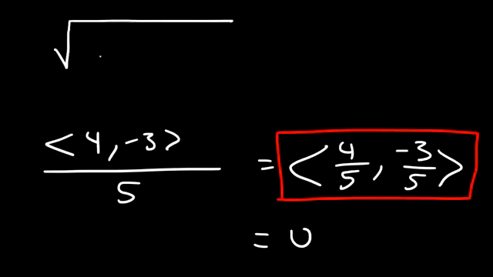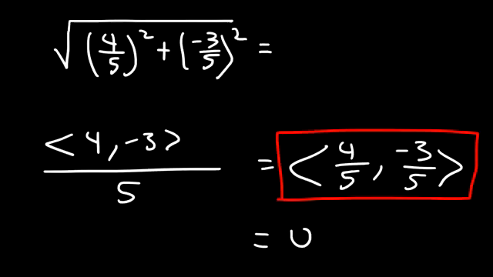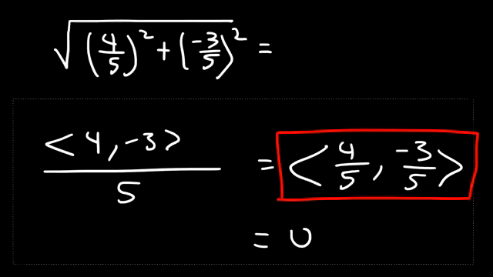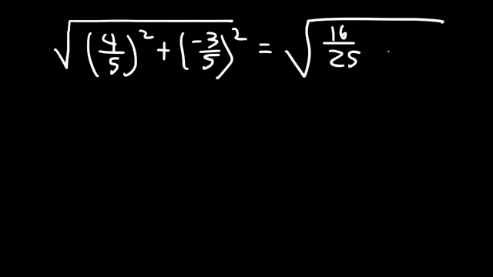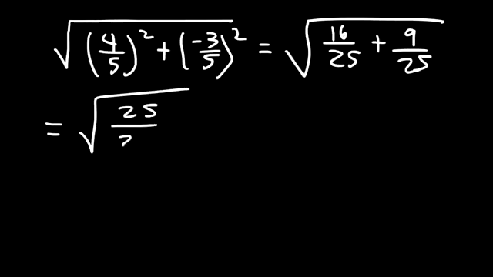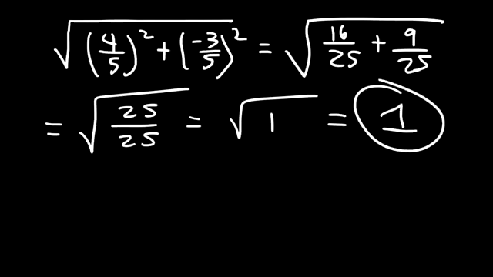So if I take the square root of 4 over 5 squared plus negative 3 over 5 squared, I need to get 1 in order to prove that this is indeed a unit vector. 4 squared is 16, 5 squared is 25. Negative 3 squared is 9, and 16 plus 9 is 25. So we have 25 over 25, which is 1, and the square root of 1 is 1. So we can confirm that this is indeed a unit vector.